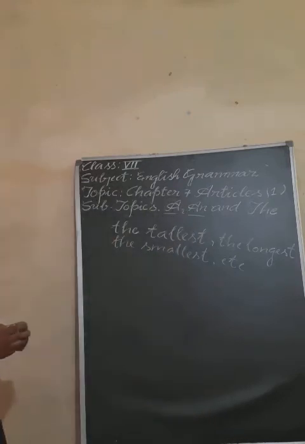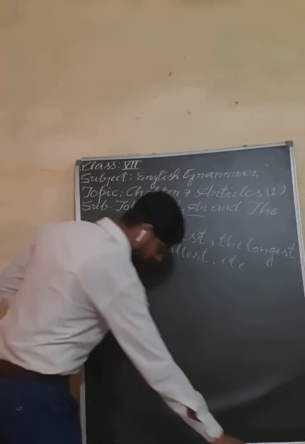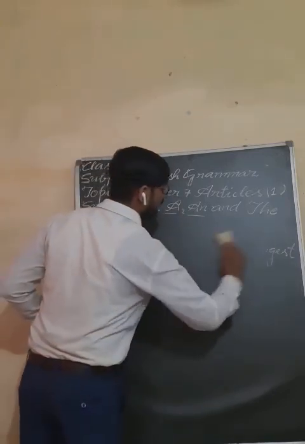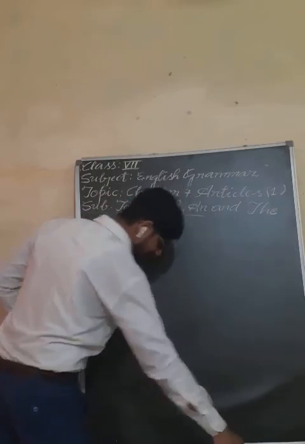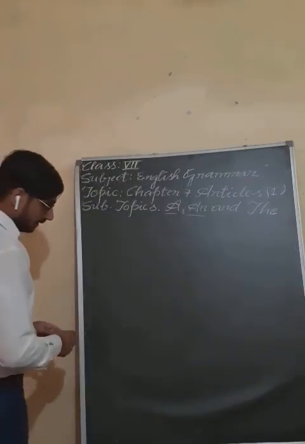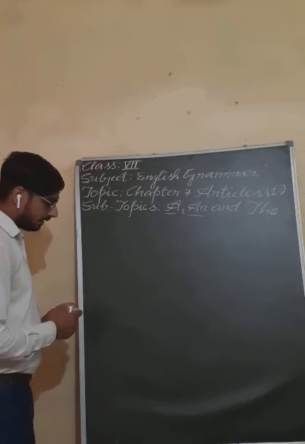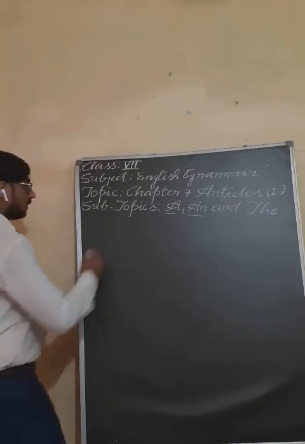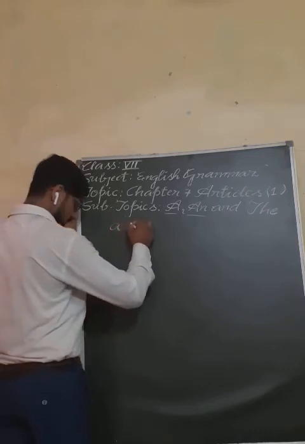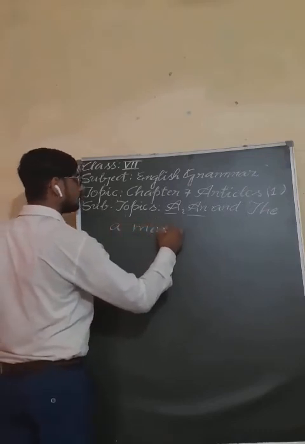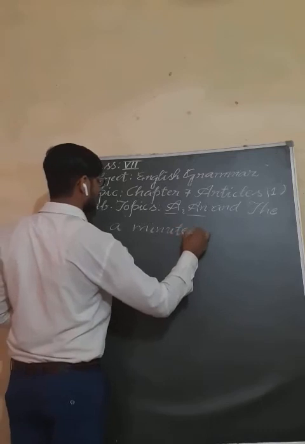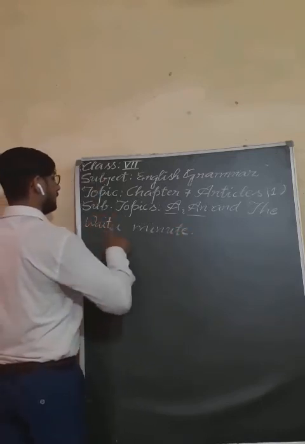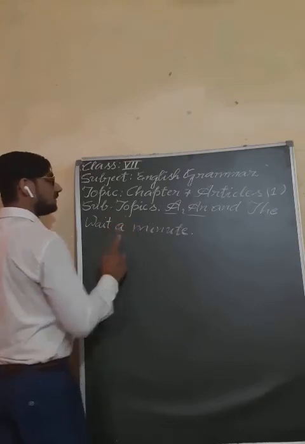After that, we are going to use a and an. Understand? How can you use a and an? In a sense of one. Suppose that you are writing here a minute. Wait a minute. You are talking here. A minute means 1 minute.